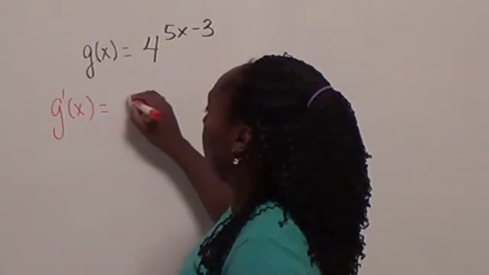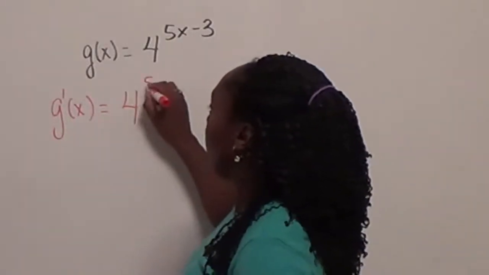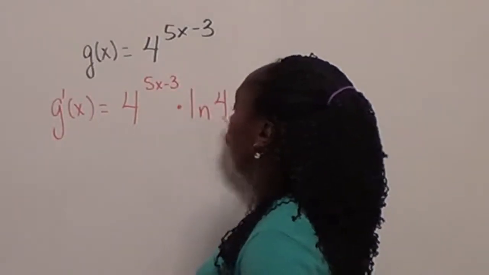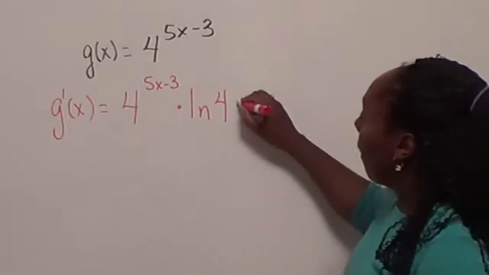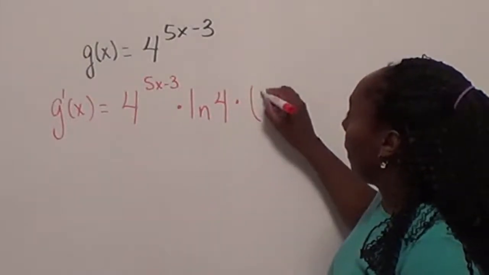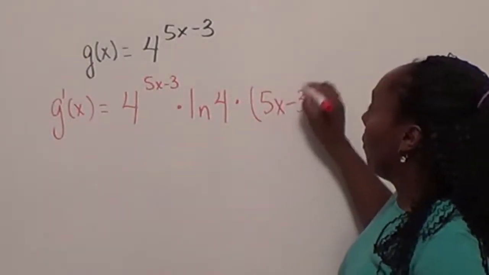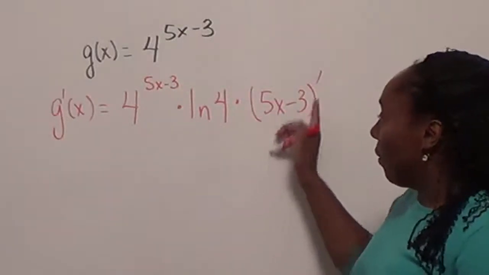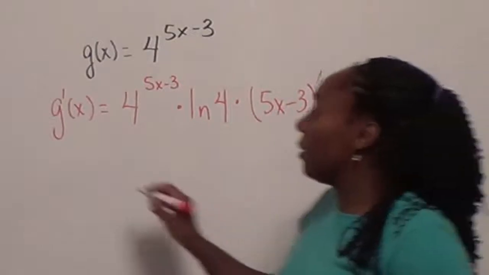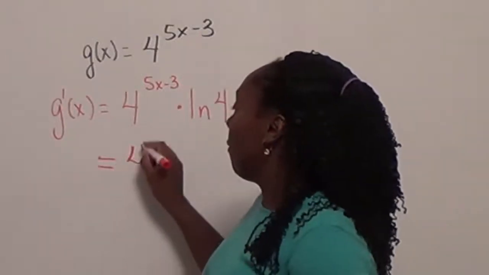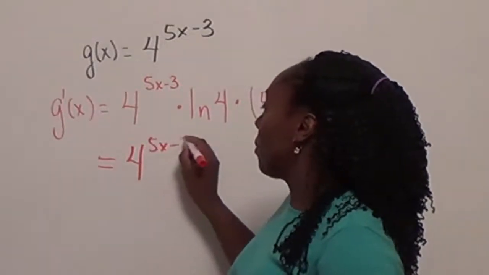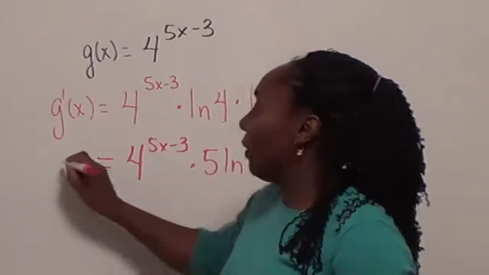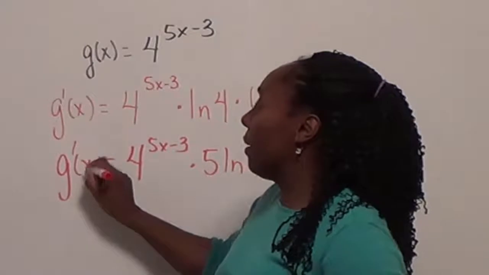So 4 to the u is going to be 4 to the u times the natural log of the base, which is 4. Then we're going to multiply this by the derivative of the exponent. Here, the derivative of our exponent is just 5. So we'll have 4 to the 5x minus 3 times 5 ln of 4. There's our g prime of x.